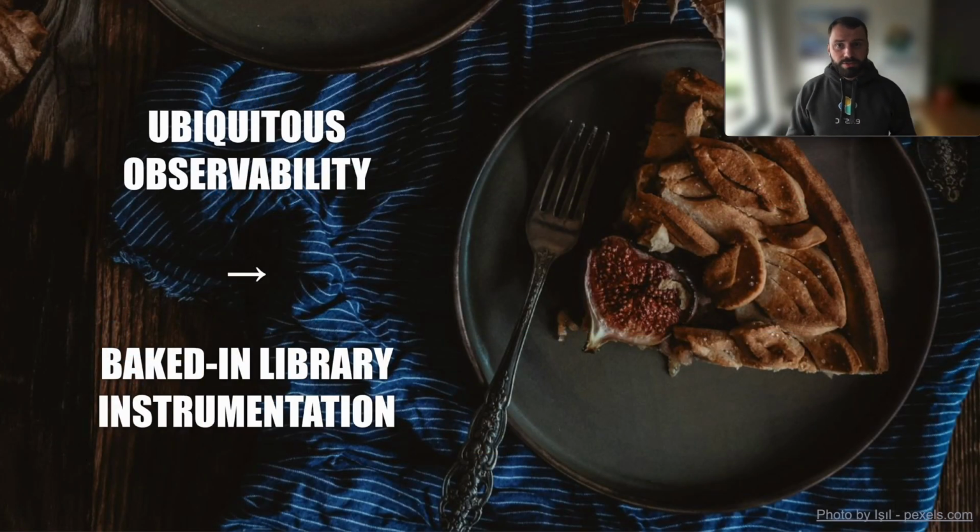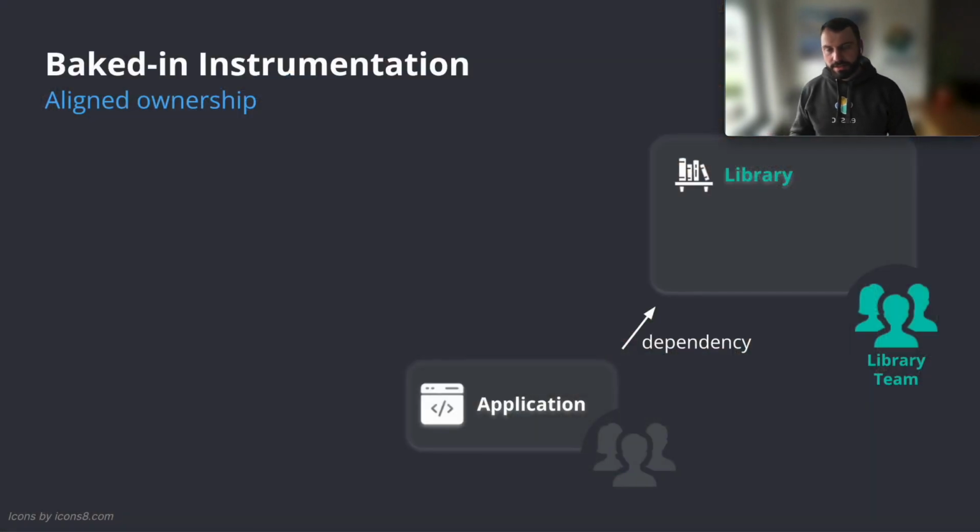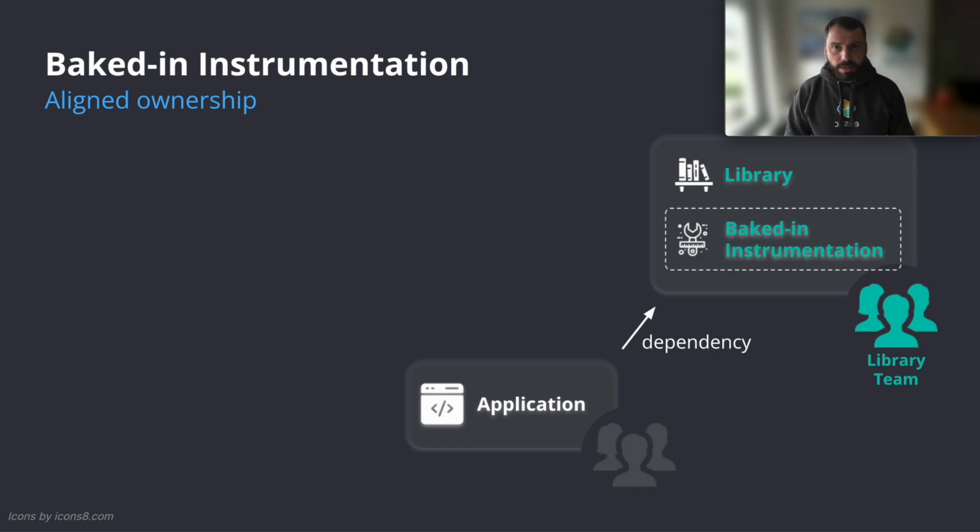And the key to achieve ubiquitous observability is to have the library instrumentations being baked in to the libraries themselves. What does that exactly mean? With ubiquitous observability, libraries come with built-in instrumentation that is maintained by the library team.